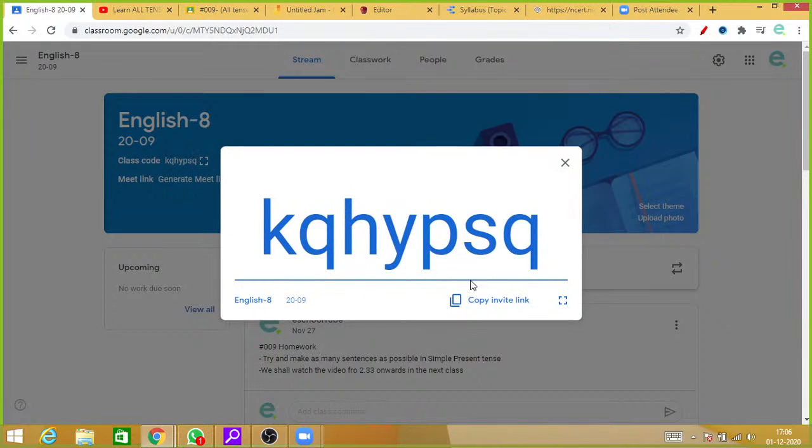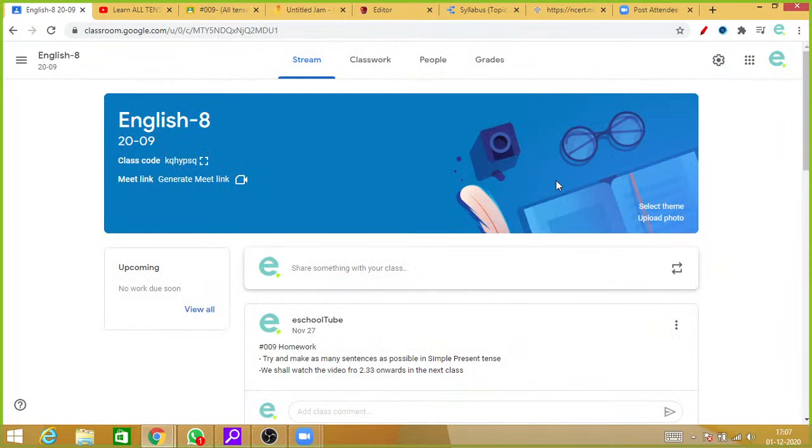Note this down. Have you noted it down? Okay. So once you download Google Classroom, or do you already have Google Classroom on your mobile? You have it. So you just join using this class code.